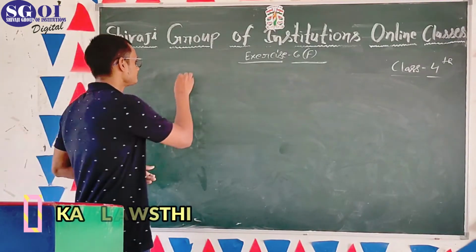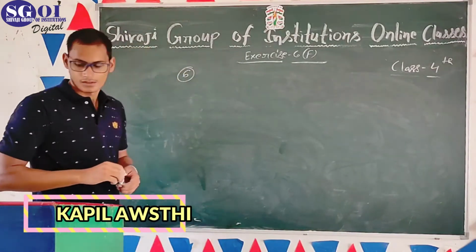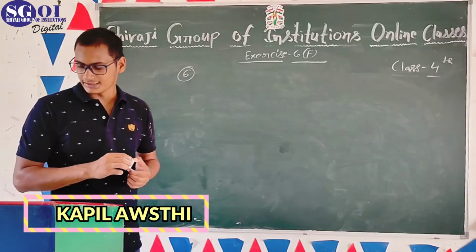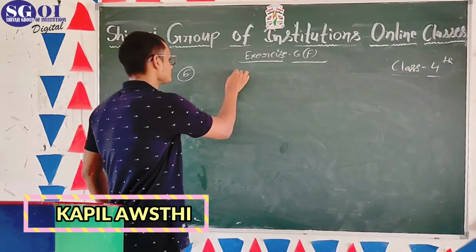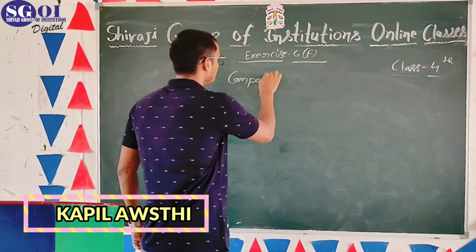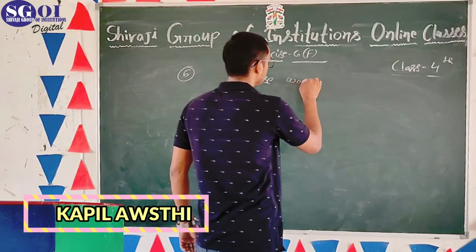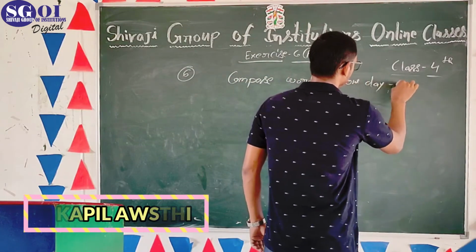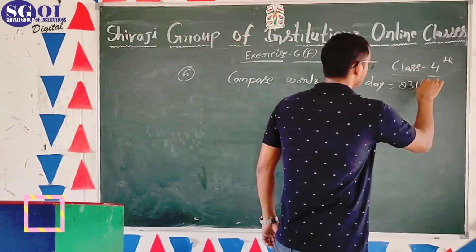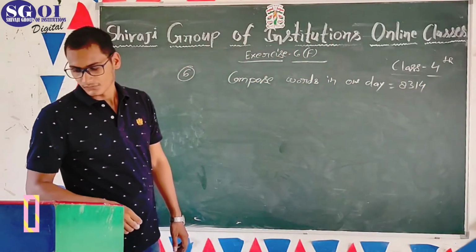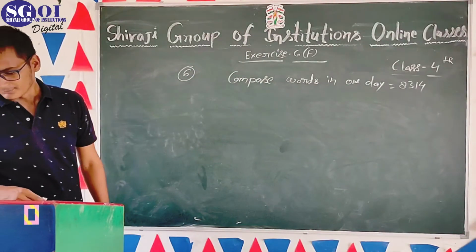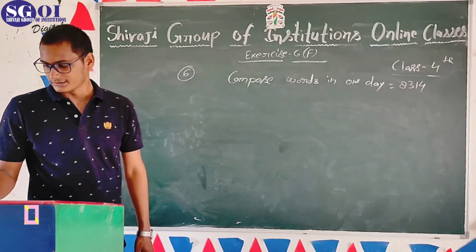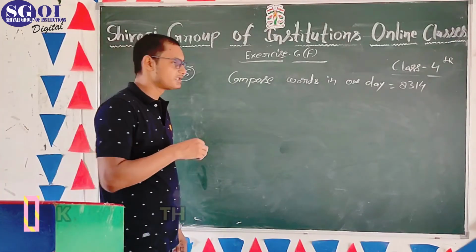Words composed in 1 day is equal to 8,314. How many words will he compose in 4 months?